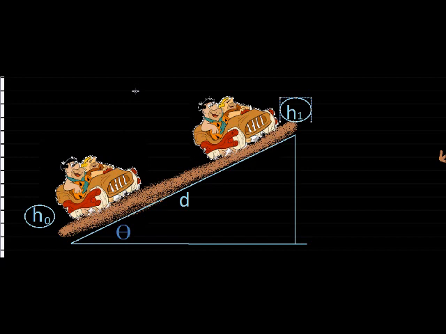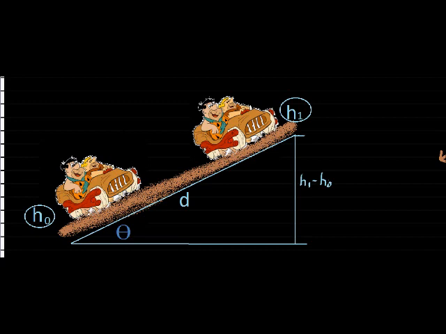In other words, this distance along here would be H1 minus H0. So if they were 50 meters above the ground, and now they're at 100 meters, 100 minus 50 leaves me with 50.